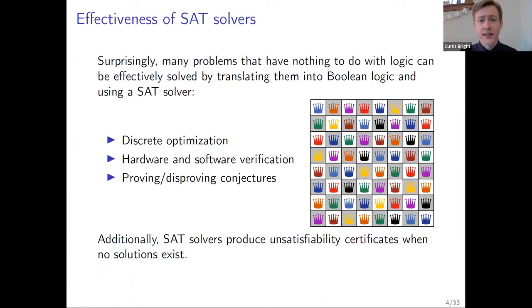Another example is on the right here, where I've given you a chessboard. You place a queen on every square, and you want to color the queens so that queens which could attack each other are colored differently. Then the question is, what's the minimum number of colors to do that? It turns out the answer is 9. This is an optimization problem, and a SAT solver can solve this very quickly, in a second, but it also does something more interesting.